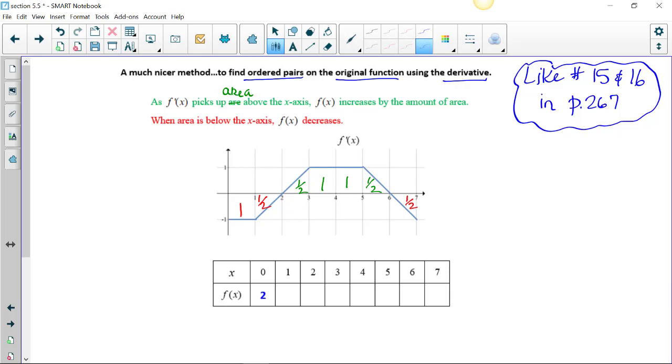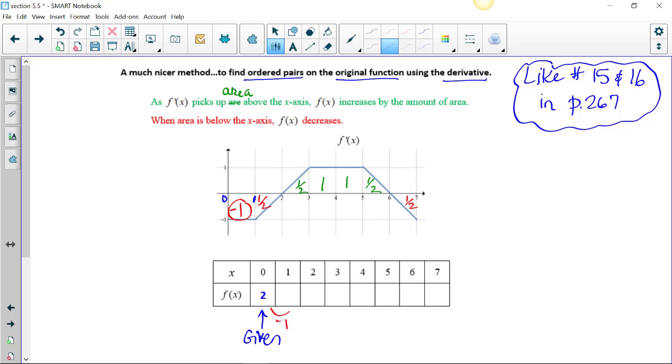Okay, so here's my given starting value of 2. Okay, my function value. So if I'm going from 0 to 1, then my area is negative, right? So I'm subtracting 1, basically.